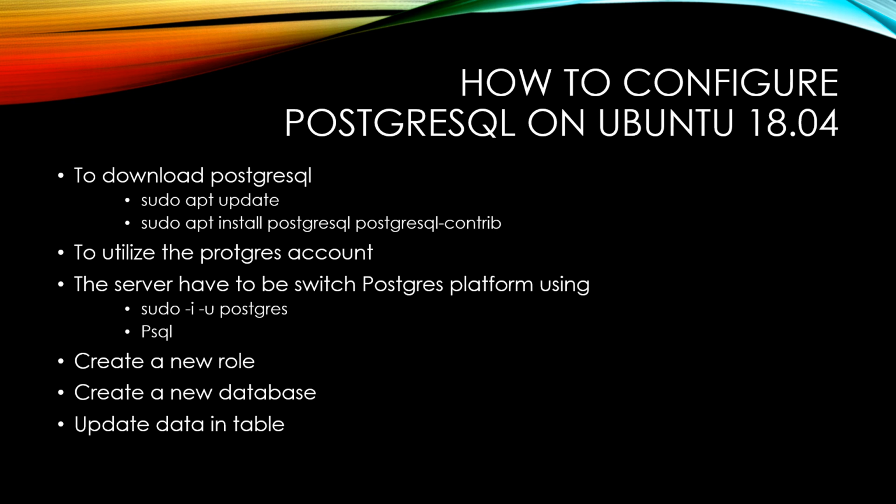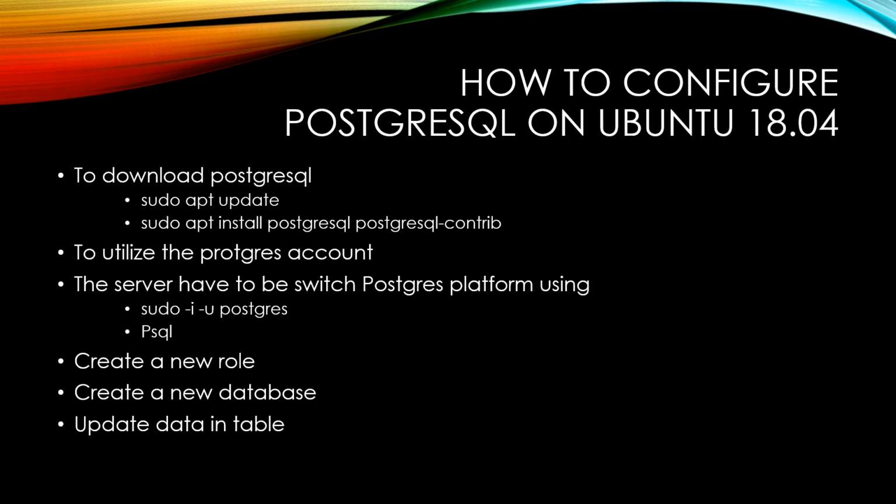Okay, then the next thing we are going to discuss is how to configure Postgres on Ubuntu. You have to download PostgreSQL using the code listed here. After that, you have to make sure to utilize the Postgres account, meaning that once you download it, you utilize the account, and then you switch to the actual Postgres platform by using the code listed.